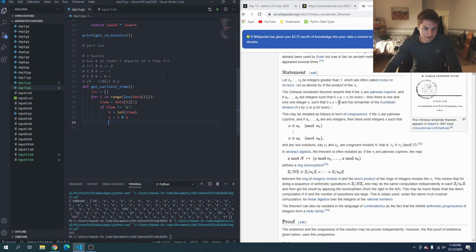And then so then we can say IDs.append, and we're going to give it a tuple. And the first value will be the I mod k. So give it I, and then, well, we want to give it k minus I mod k, because that's basically right here.